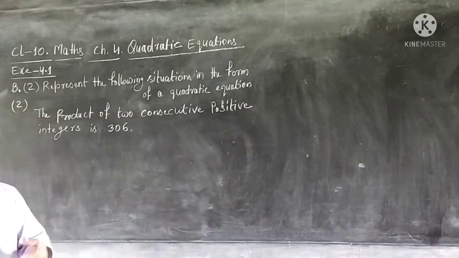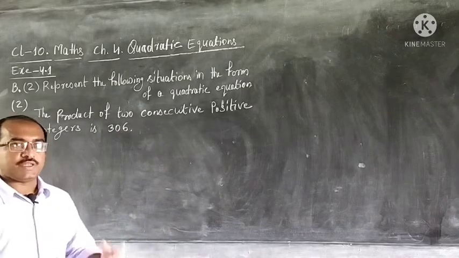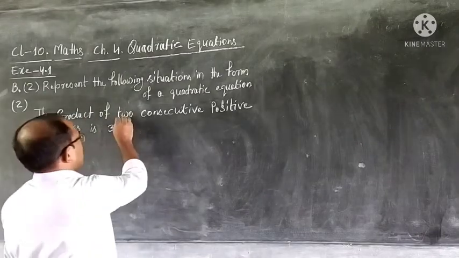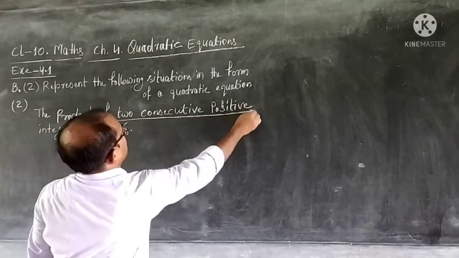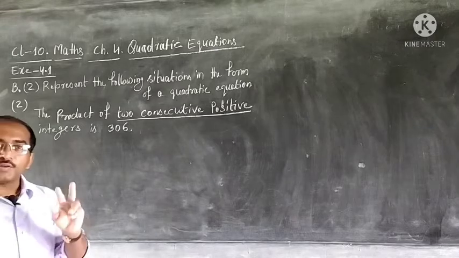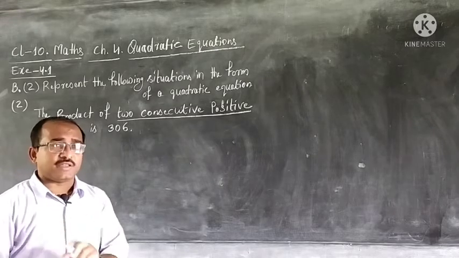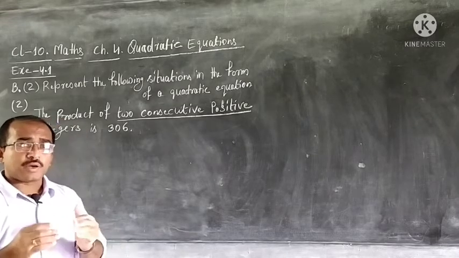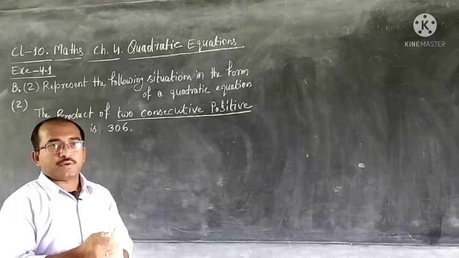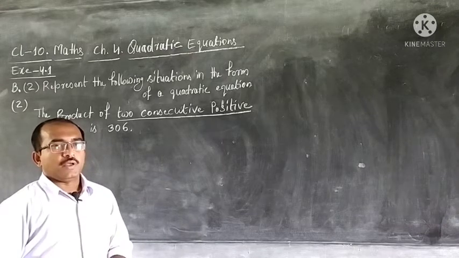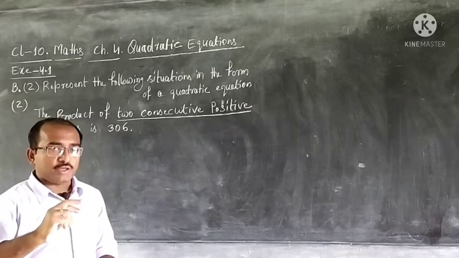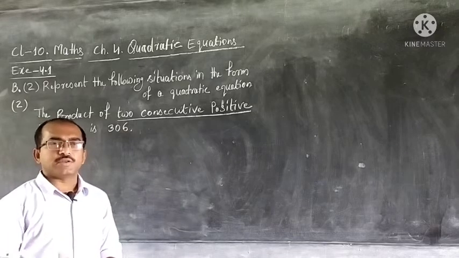How many integers are there? Two integers. What type of integers are they? This is very important here: two consecutive positive integers. Consecutive means which comes just before and just after. Let us first understand how consecutive numbers come.